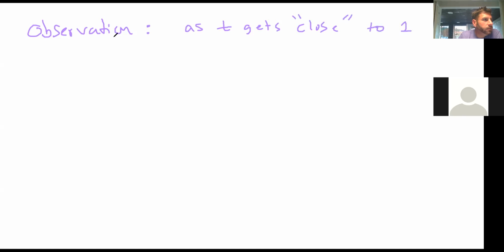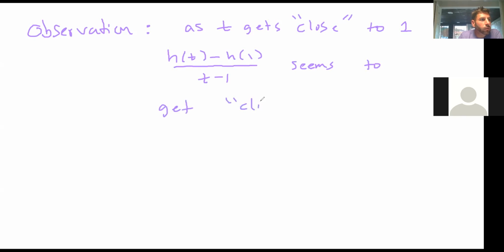So, observation. As t gets close to 1, h of t minus h of 1 over t minus 1 seems to get close, or approach, if you will.